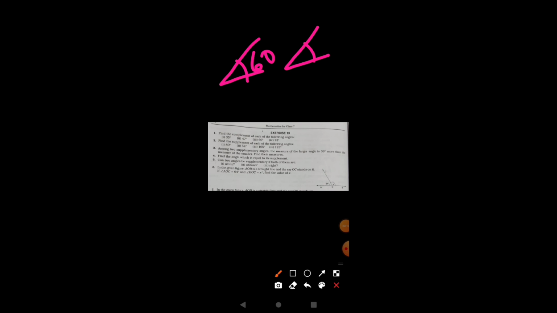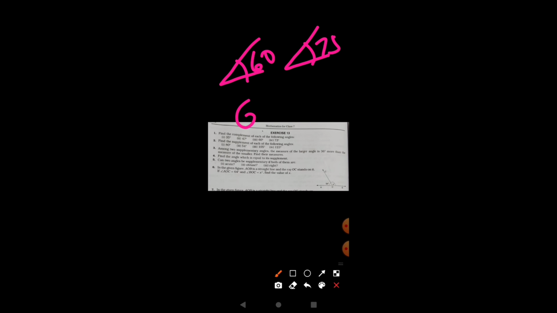Now, can two angles be supplementary if both of them are acute angles, meaning less than 90 degrees? Both are less than 90 degrees. For example, one is 60 and the other is 75.